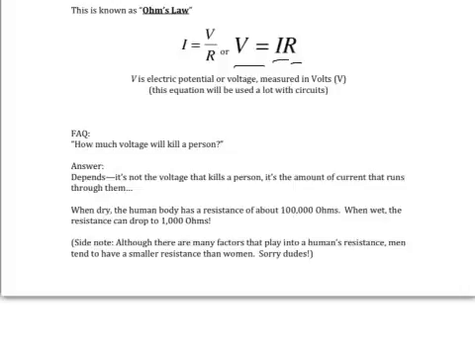In some cases, maybe even larger. And every body is different. Every person is different internally, different sizes, things like that. So it does vary a little bit. But when your body is wet, the resistance of the human body can actually drop to as low as about 1,000 ohms. So comparing the two numbers, it's a big difference.